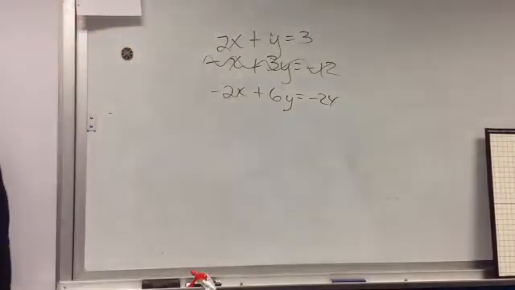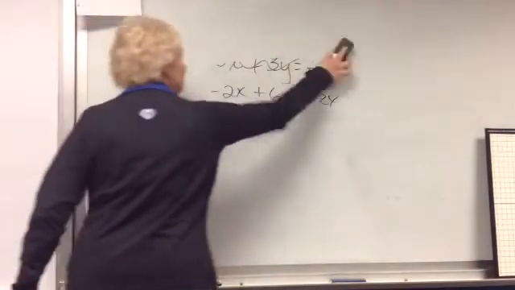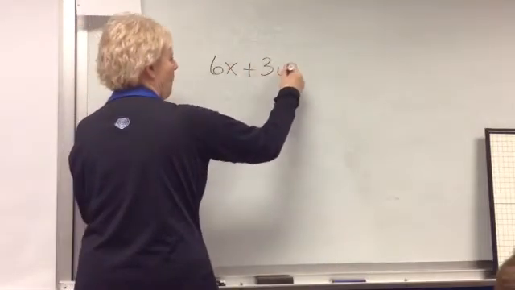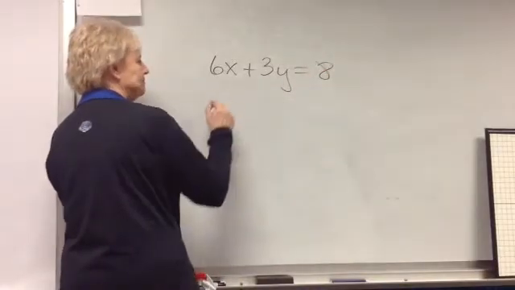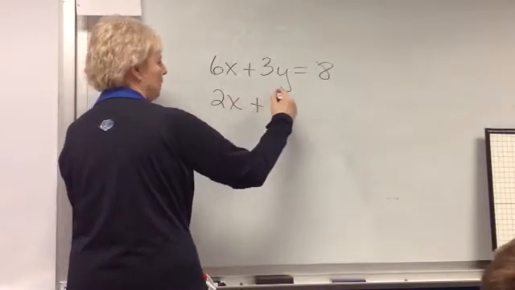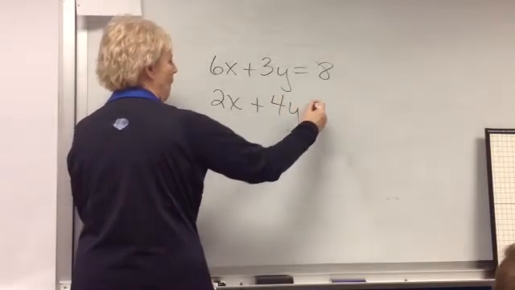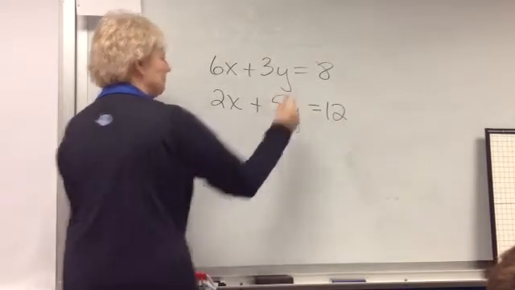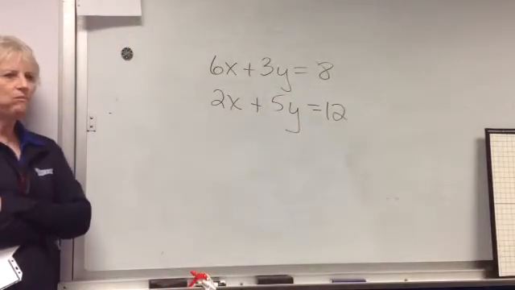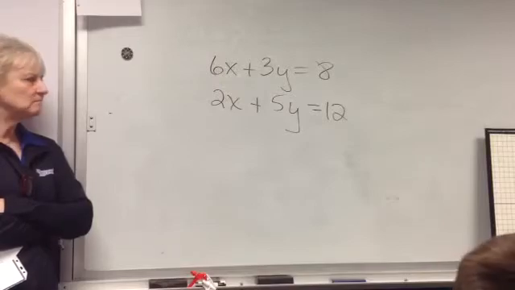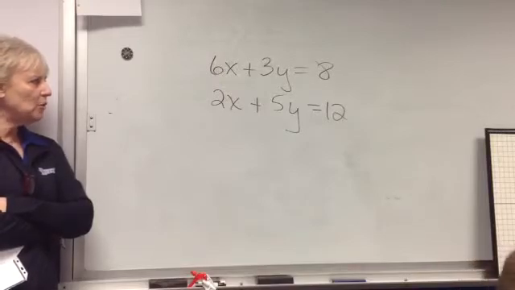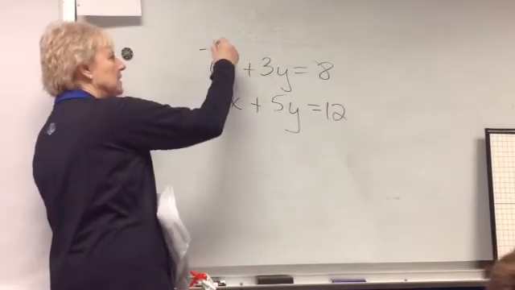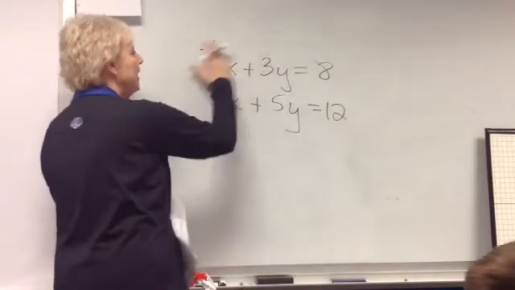Any other choices? Multiply by -3 on the bottom, yeah. If I multiply by -3 on the bottom, that would be opposites, right? Okay.